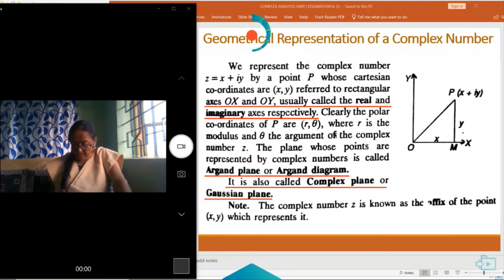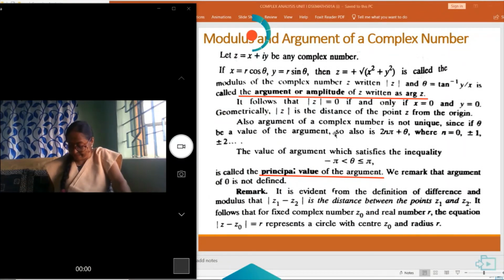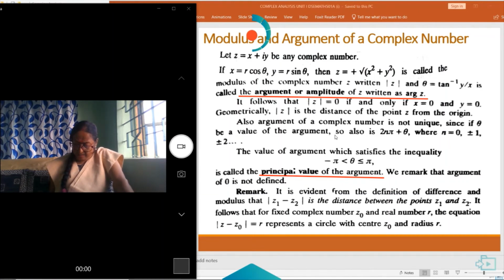Modulus and argument of a complex number. Let z = x + iy. If we put x = r cos θ and y = r sin θ, then we also get the polar form of the complex number.